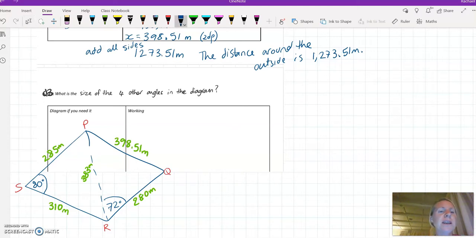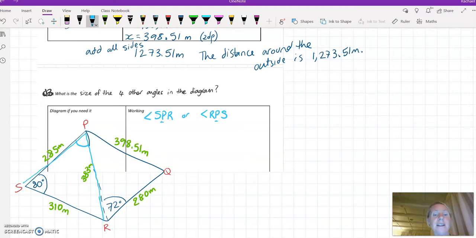Okay, so I'm going to start off by looking at this angle up here. The way that we're going to label that angle is we call it angle SPR or angle RPS. But whichever way around it goes, the idea is that it's from here to here to here, and P is in the middle.